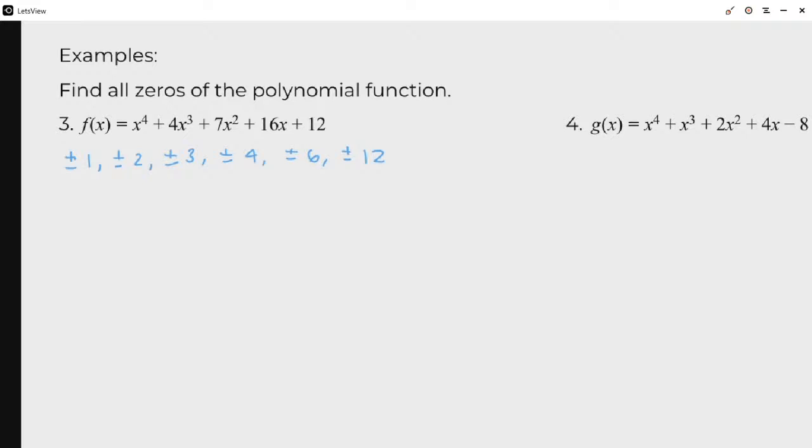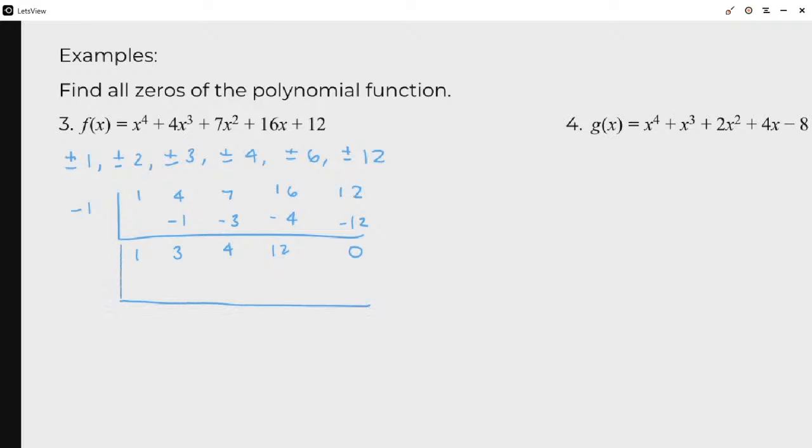So I just listed out all of the factors of 12. And then let's use synthetic division to figure out which ones work. So I'm going to try -1. So that's going to be 1, 4, 7, 16, and 12. So that's 1, 3, 4, 12. Okay, so that means we know that -1 is a 0.